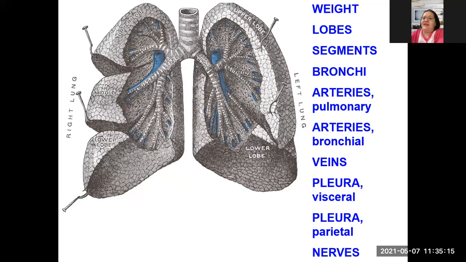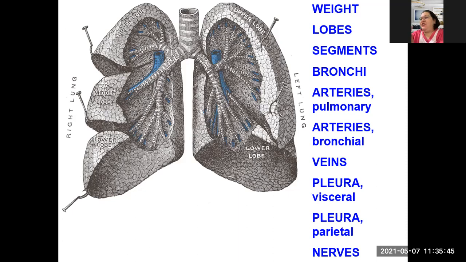The right lung is divided into the upper lobe, the middle lobe, and the lower lobe. There's 3 lobes in the right lung. And for the left lung, you have the upper lobe and the lower lobe. So these lobes will further be divided into segments. And then usually the right lung will weigh more than the left lung.